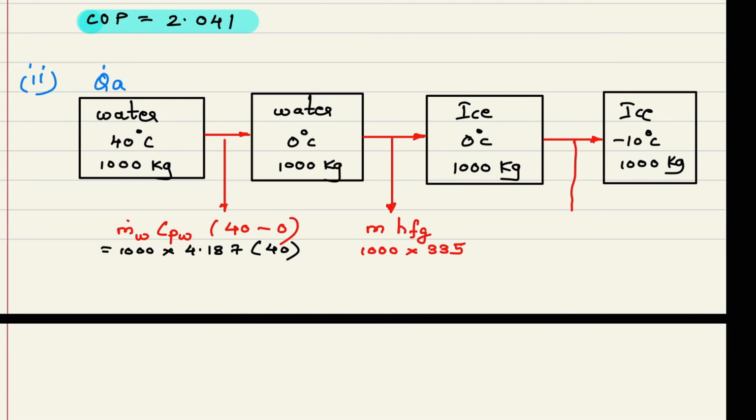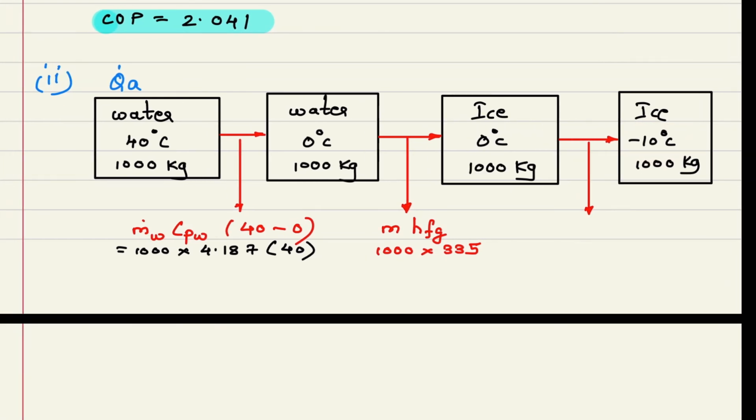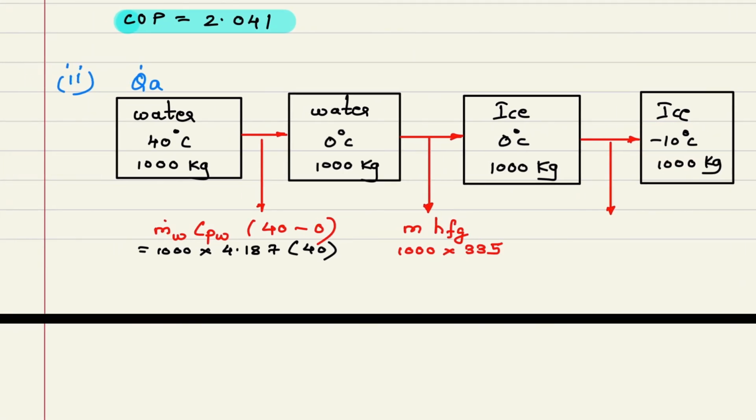And the last part: this will be ice at 0, its temperature is reduced till minus 10. So this will be sensible heat removed. What will be the equation? Mass of ice into Cp of ice into higher temperature 0 minus lower temperature minus 10.